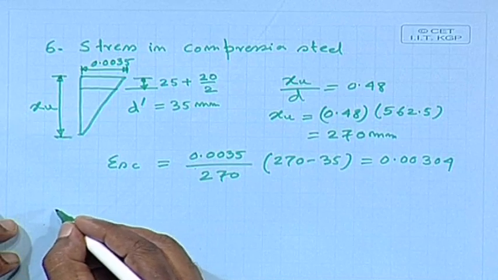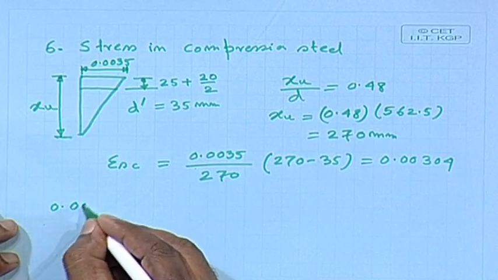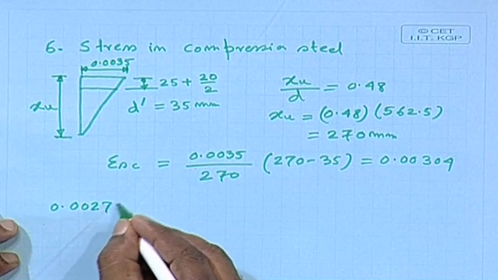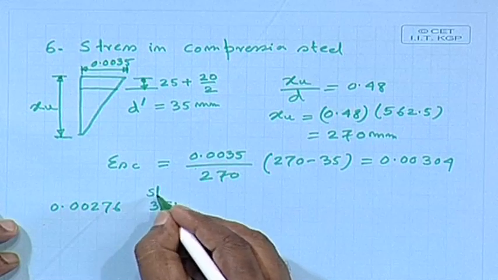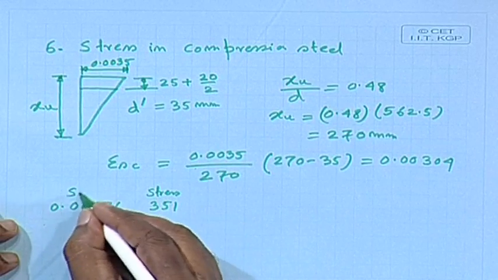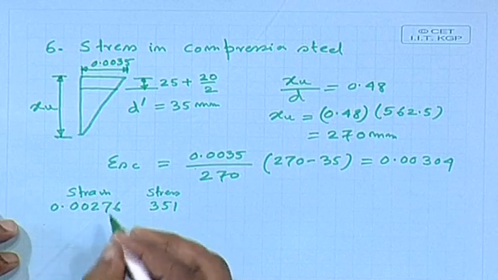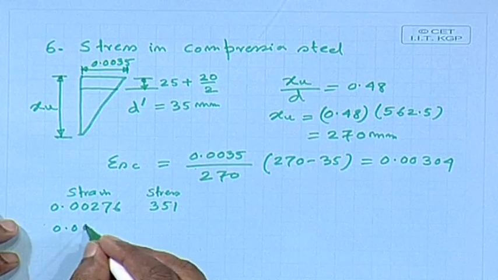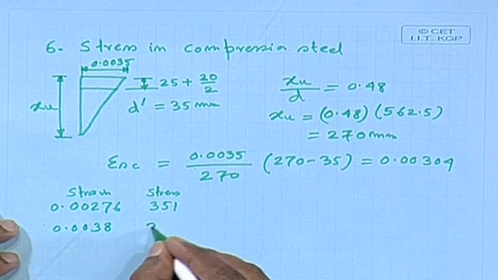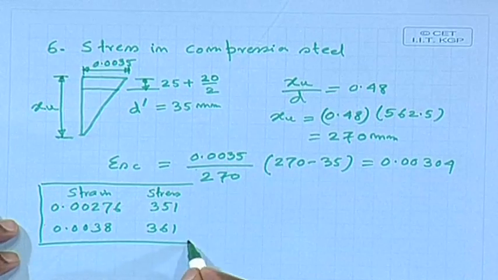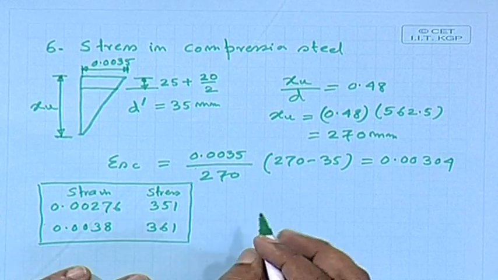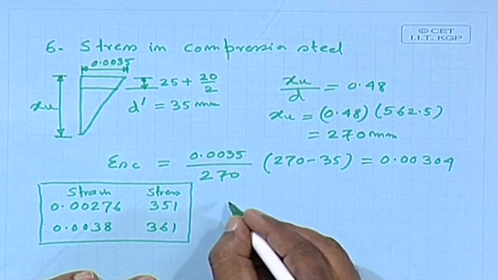From the table again we are getting the same interval 0.00276, which comes as 351 stress, strain 0.0038, 361 from the table, the one which we have given in the last class, last lecture.